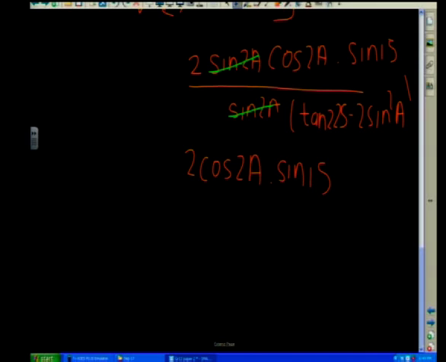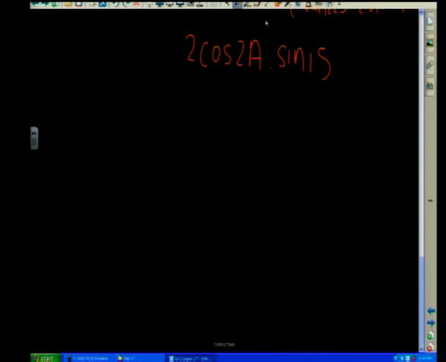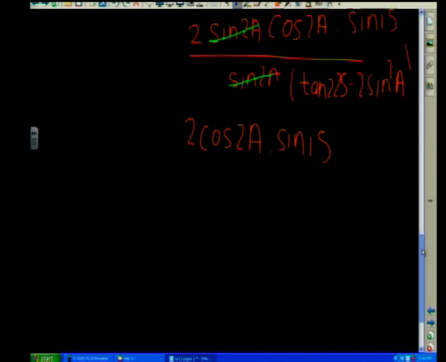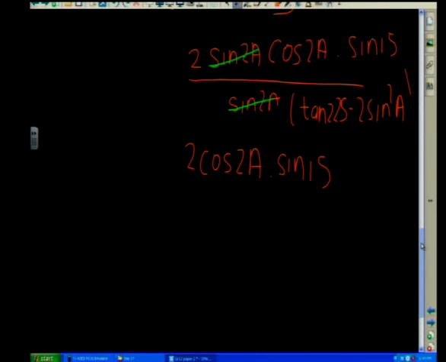I've got tan of 225 degrees. Now hopefully you all have been revising so much that you can just see straight away that this is going to require use of your reduction formula.